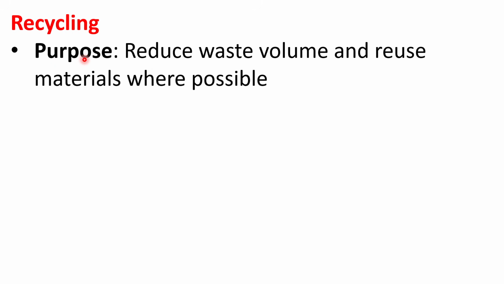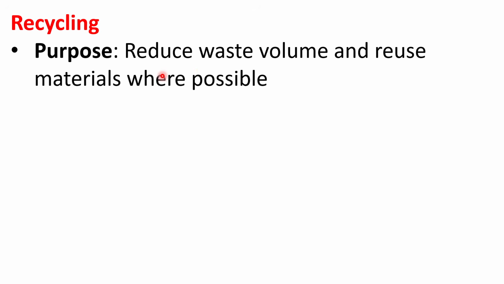Another way to dispose waste safely is to use what is called recycling. Usually the purpose of recycling is to reduce the volume of waste, and also to reuse materials where possible. It involves converting waste into useful products.